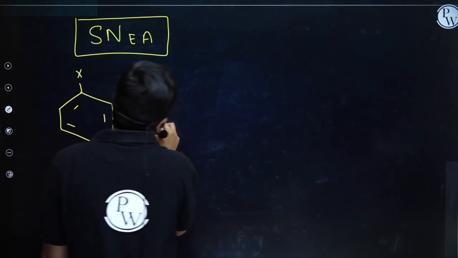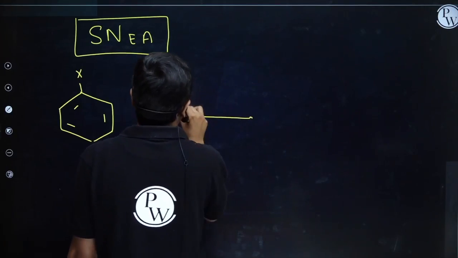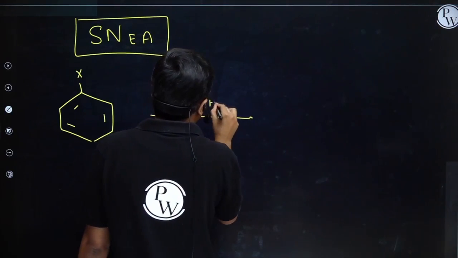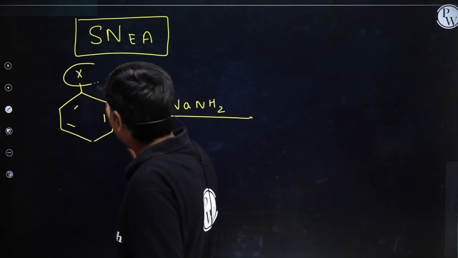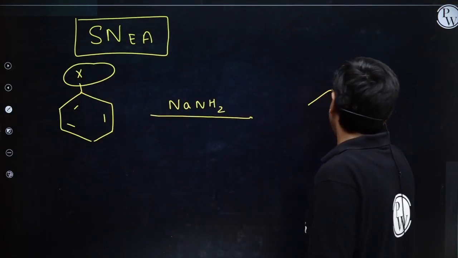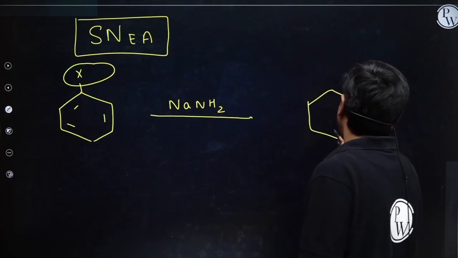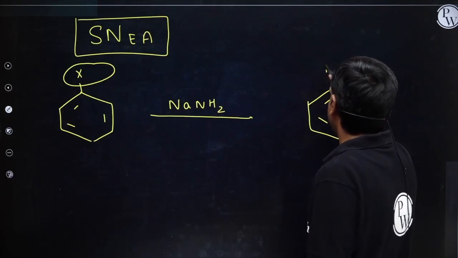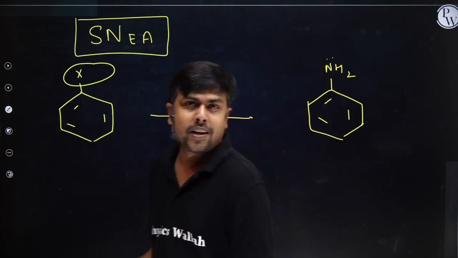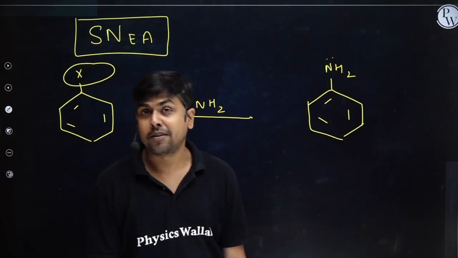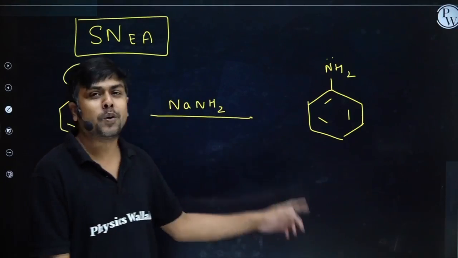It's treated with a stronger nucleophile, NaNH2. What will happen here? Students, simply this halide ion will get substituted by NH2 minus and I will have the formation of PhNH2. Although it's looking like a very simple reaction, it's not as simple as it looks.